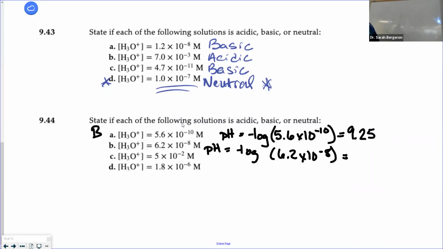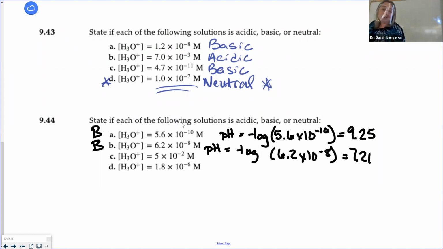So we're doing negative log 6.2 second EE to the negative 8, close parentheses. 7.21. Am I basic? Am I neutral? Am I acidic? I am basic. I'm not neutral, y'all sure? Yep, unless I am exactly 7, I'm not neutral.